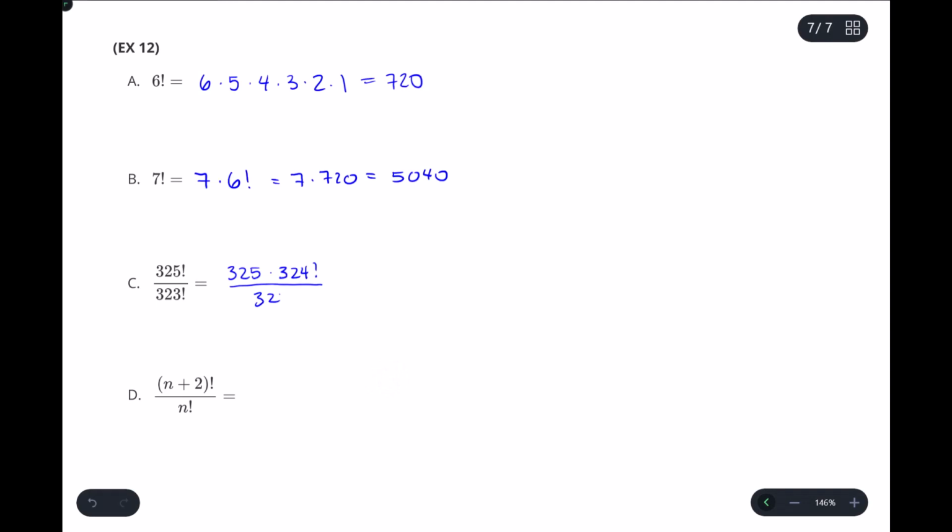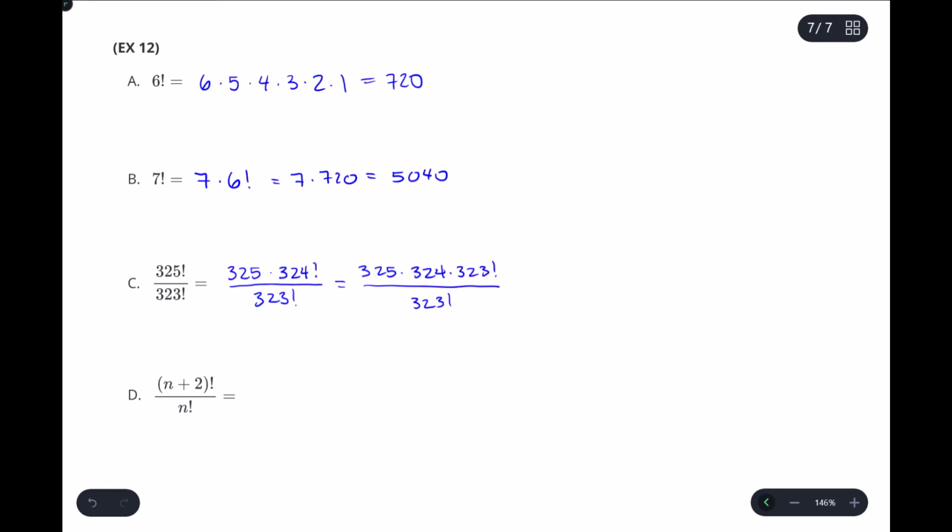Now, that might not really get us very far in terms of simplification, but if we repeat this process, we could say that 325 factorial could also be written as 325 times 324 times 323 factorial.